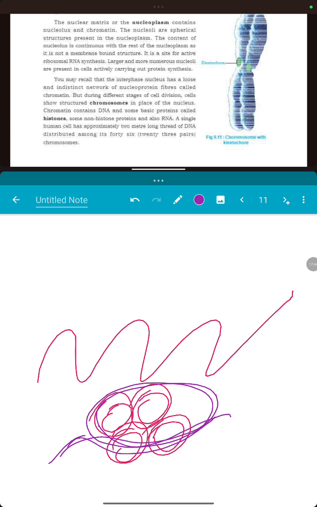So we call it a nucleoprotein fiber called chromatin. But during different stages of cell division, the cell shows structured chromosomes in place of the nucleus.